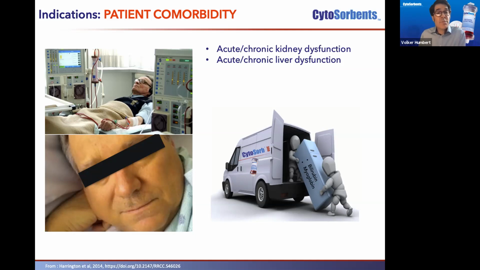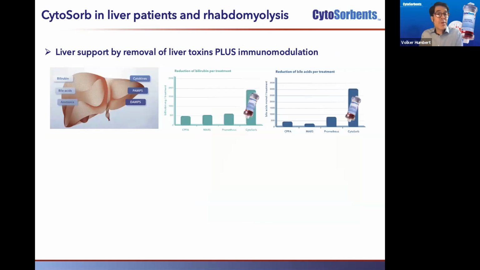And here, specifically, acute or chronic kidney and/or liver dysfunctions are in the focus for Cytosorb therapy, because Cytosorb therapy has shown to be a very potent remover of liver toxins. So Cytosorb has even been superior in first investigations to classical liver support technologies.